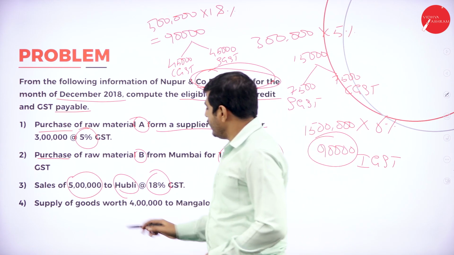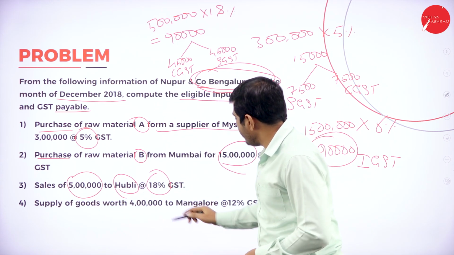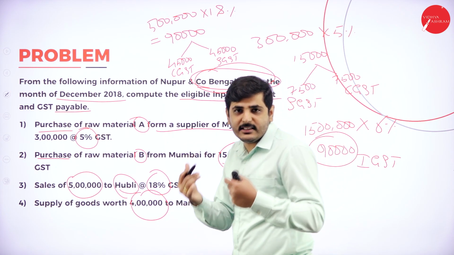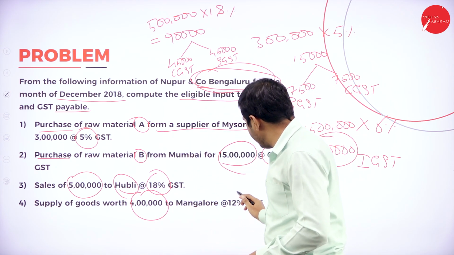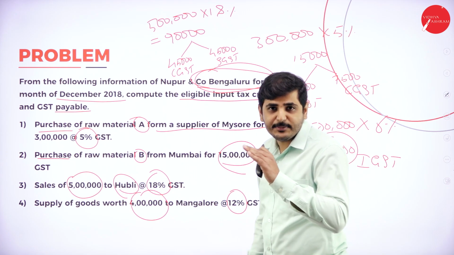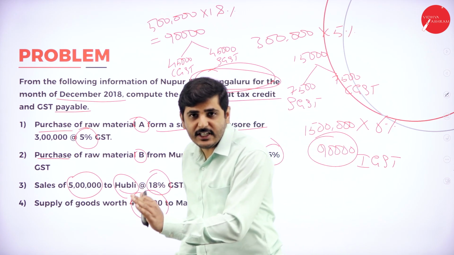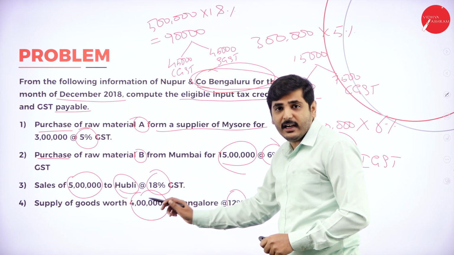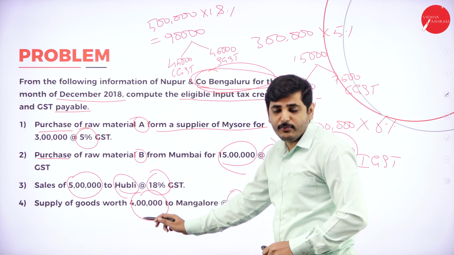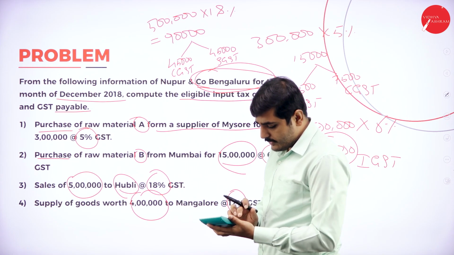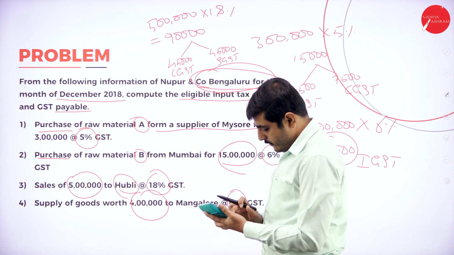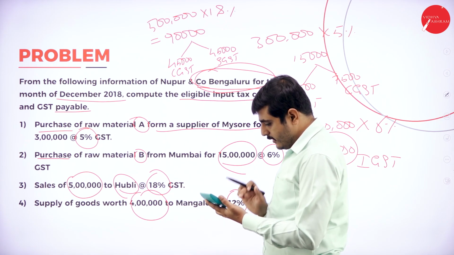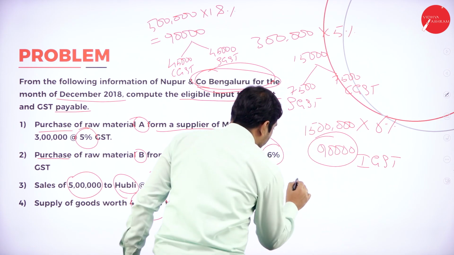Now, supply of goods worth 4 lakh to Mangalore. Again, where is Mangalore? It is within the state. Again, what is the tax we pay? 12% means 6% CGST, 6% SGST, 50% CGST, 50% SGST. Out of 4 lakh rupees, what is the rate of tax? It is 4 lakh into 12%, so it is 48,000.